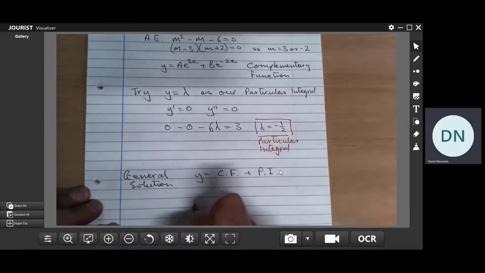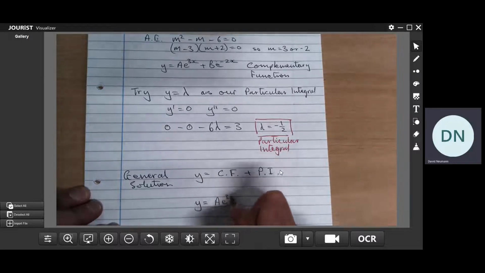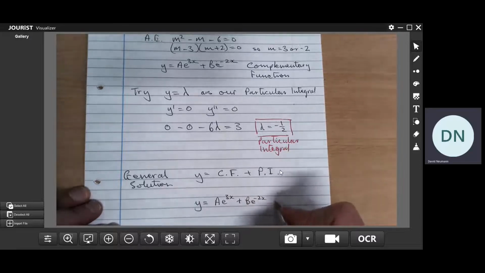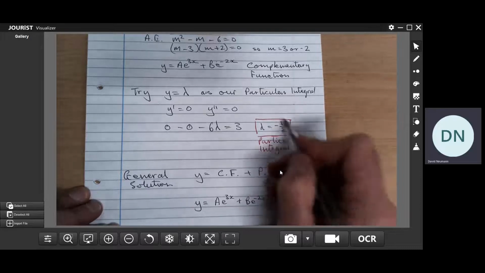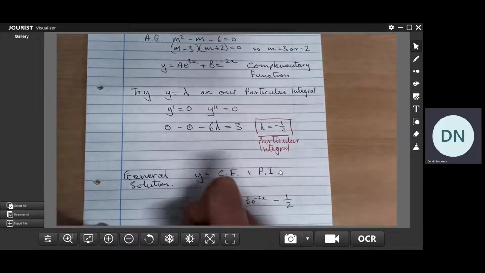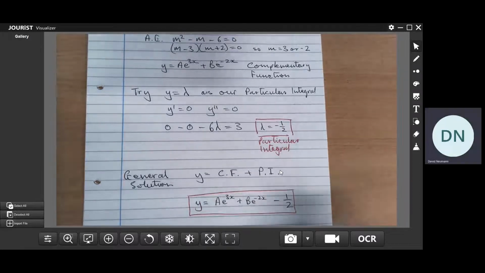In this case, that is y equals A e to the 3x plus B e to the minus 2x, minus a half. We're adding on this minus a half. So that is my general solution to the non-homogeneous differential equation that I started with.